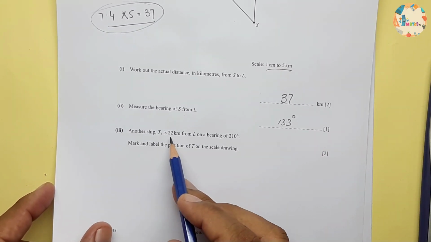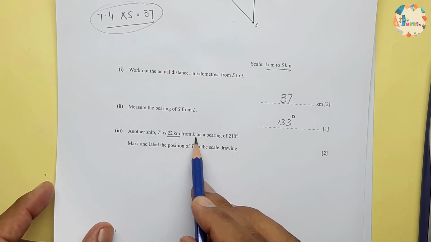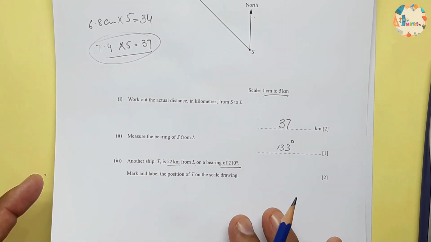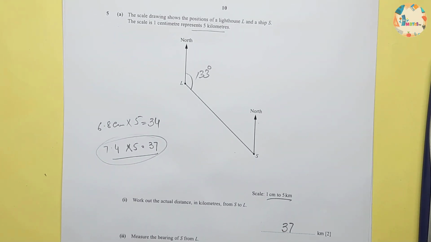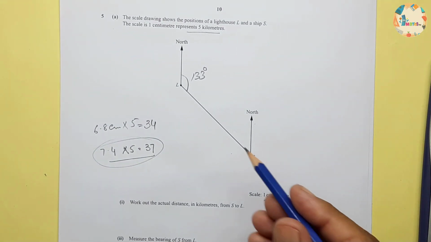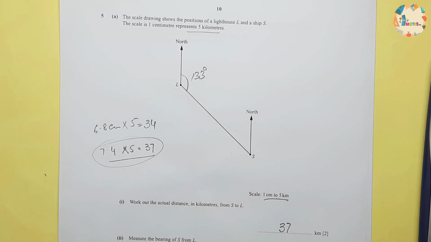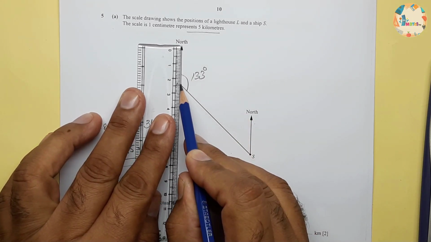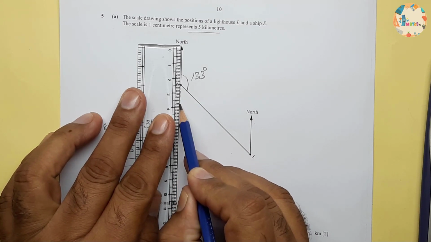Another ship T is 22 kilometer from L and on the bearing of 210. So from L, first of all, we'll check the bearing. Bearing is 210. So for 210, we can extend this with dotted line.